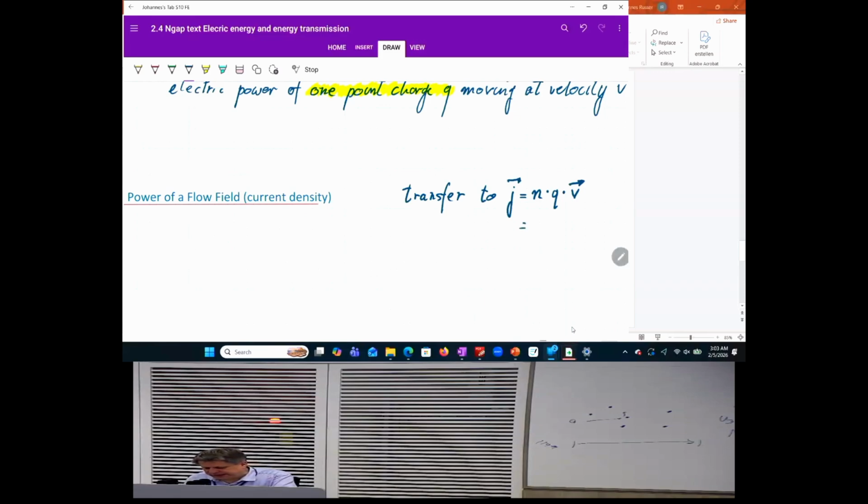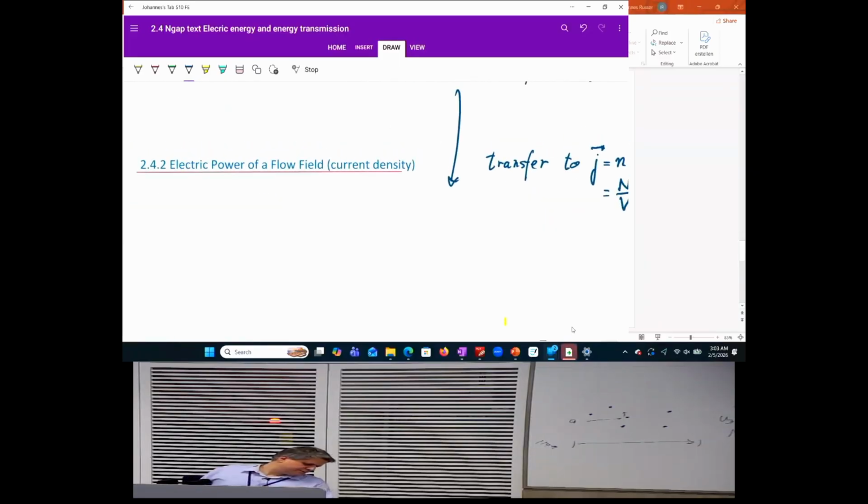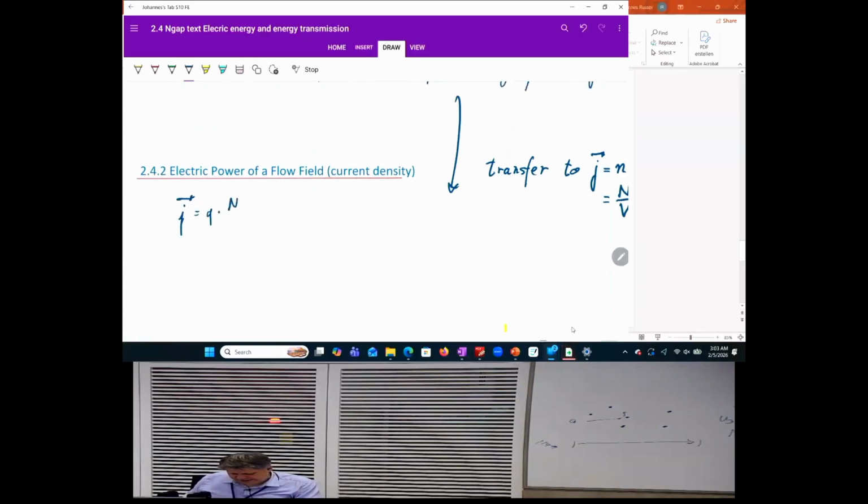Carrier density is the total number of carriers per volume times the charge per carrier times the velocity. So we make use of this here. So our current density is Q times N over V. This is the volume.